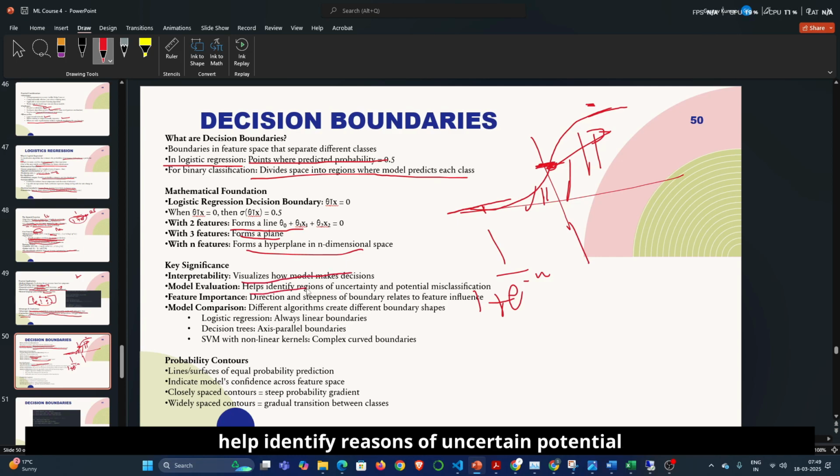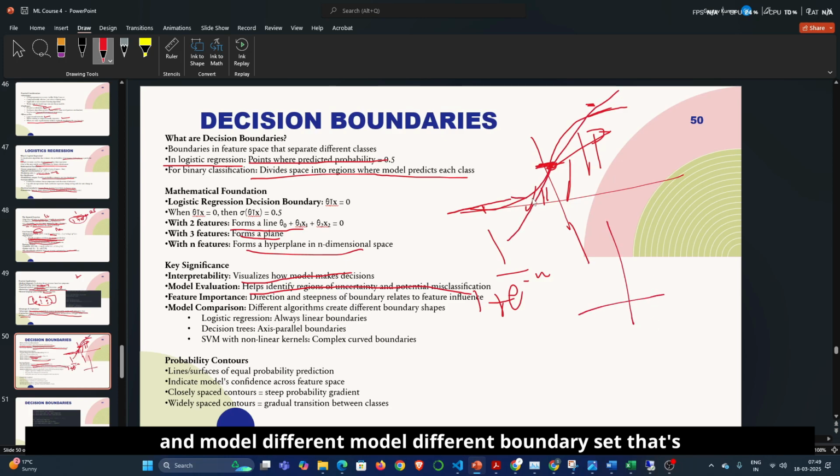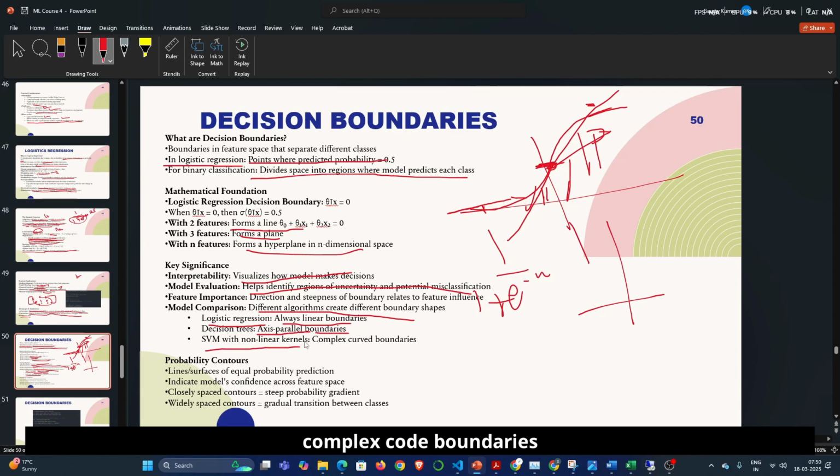It shows how the model makes decisions and helps identify reasons for uncertain classification. Different models create different boundary shapes. Logistic regression always gives linear boundaries, decision trees give axis-parallel boundaries, and SVM with a non-linear kernel gives complex curved boundaries.